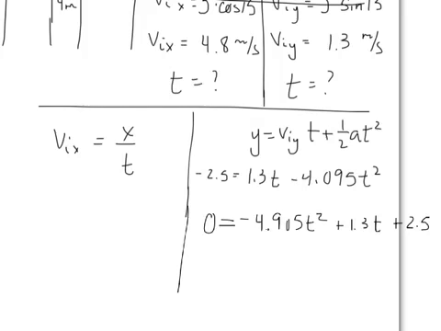At this point in time, when you have something set equal to 0, remember it's like you're finding the x-intercepts on the graph. So go ahead and put this in y1. Go to y1, type this equation in. Wherever you see t, use the X key on your calculator. If you're confused, either ask your neighbor or at least raise your hand.